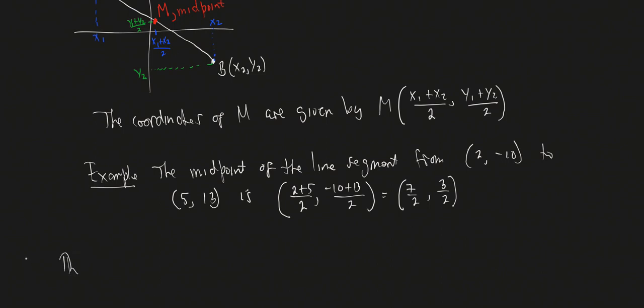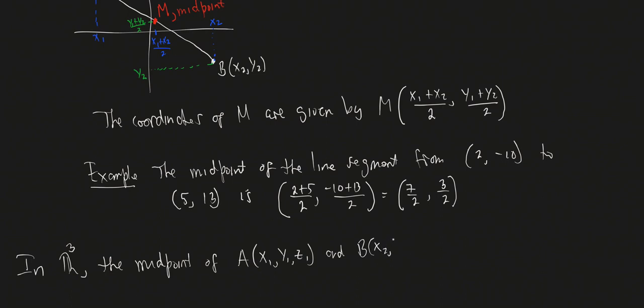So let's say, in R3, the midpoint of, and let's say here are my 2 points now, x1, y1, z1, and x2, y2, z2.